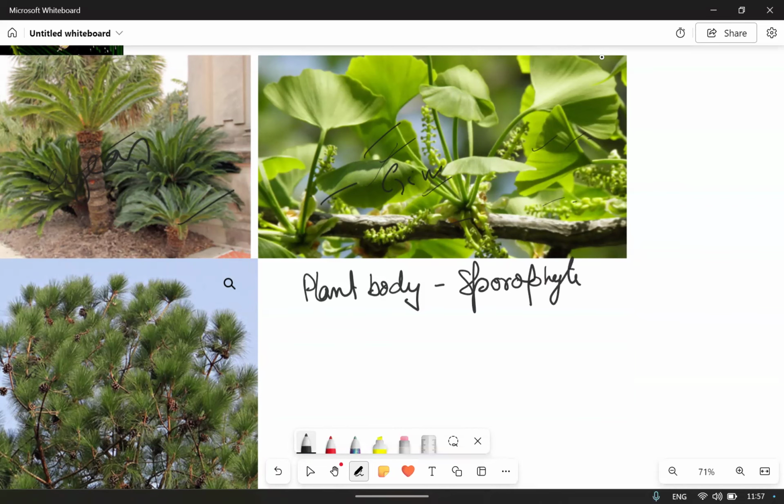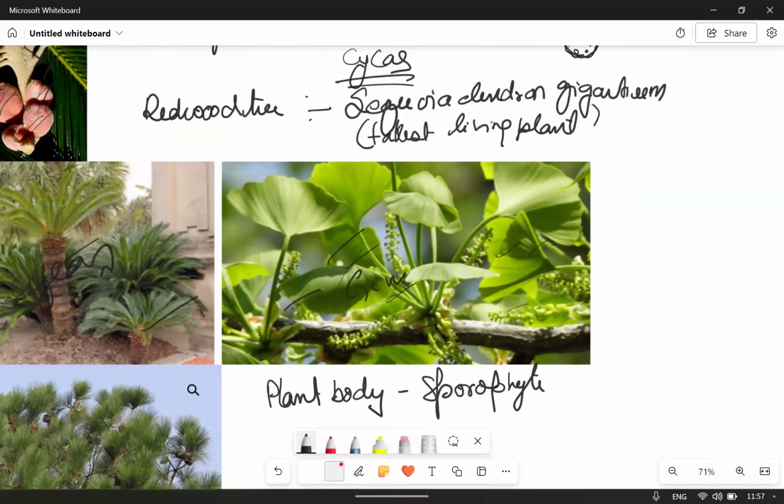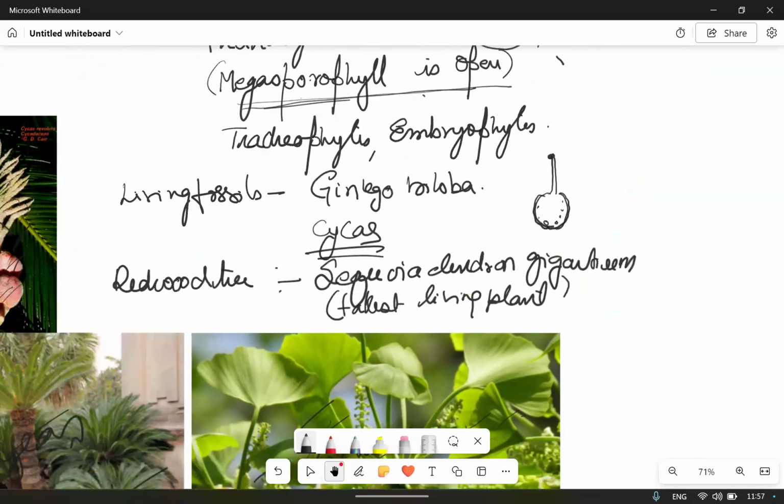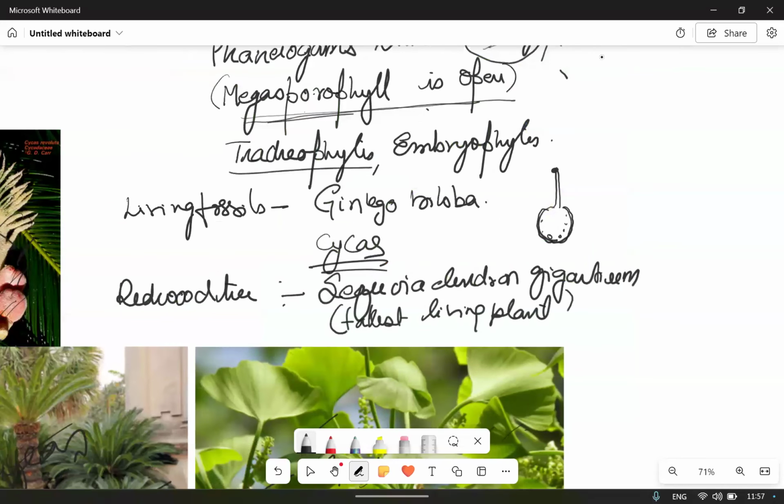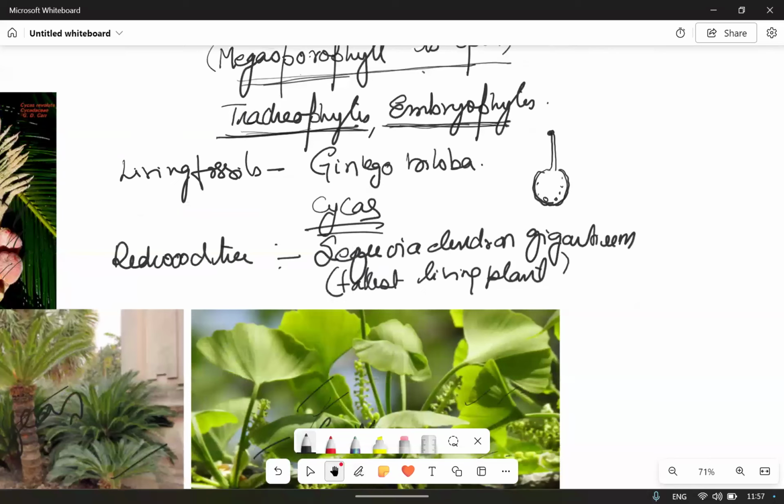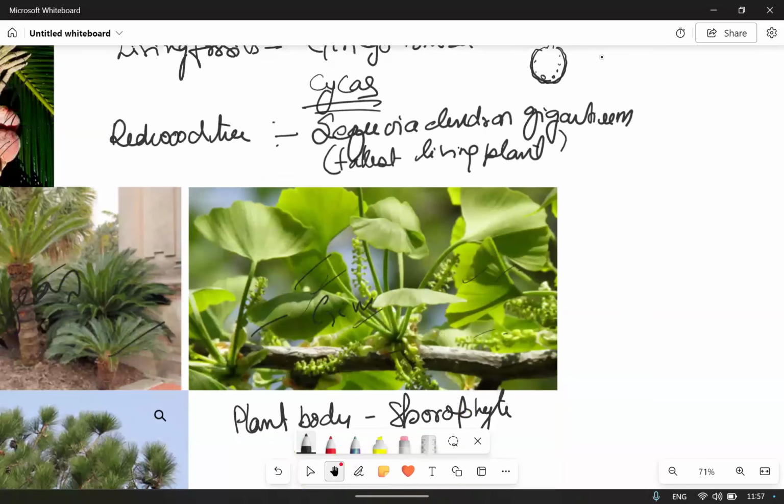It consists of root, stem, and leaves. Are these tracheophytic? Yes. Like pteridophytes, these are also tracheophytes, means vasculature is present. Embryophytic, like bryophytes and pteridophytes, gymnosperms also produce an embryo after fertilization, means the zygote develops into an embryo.